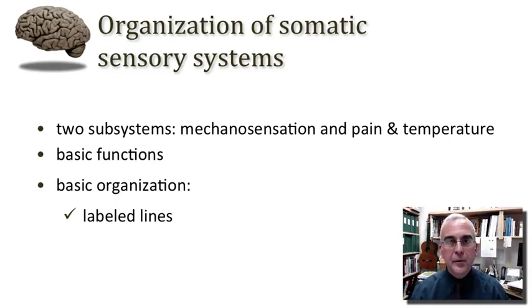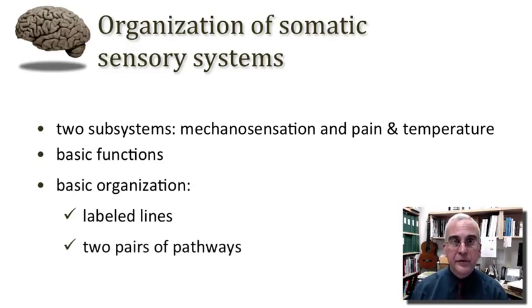We call this a labeled line system because the channel is labeled with respect to the kind of information that it carries. And that label really begins with the structure and the physiology of the receptor that's at the end of the primary axon. So we'll see that as we go through this. So keep that thought in mind about labeled lines as one organizational principle in sensory systems.